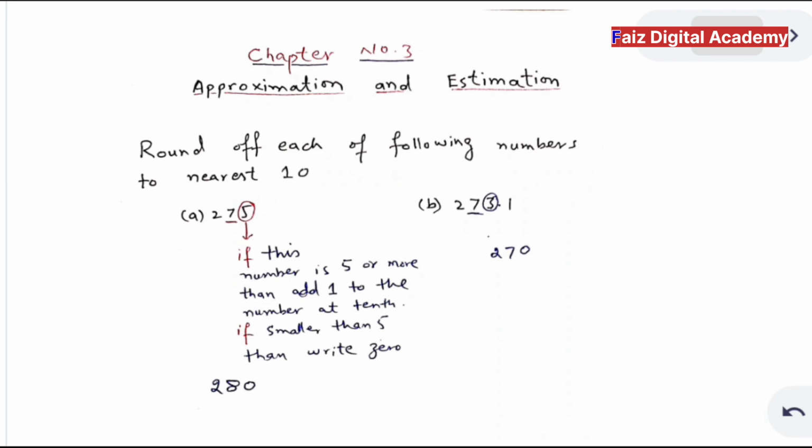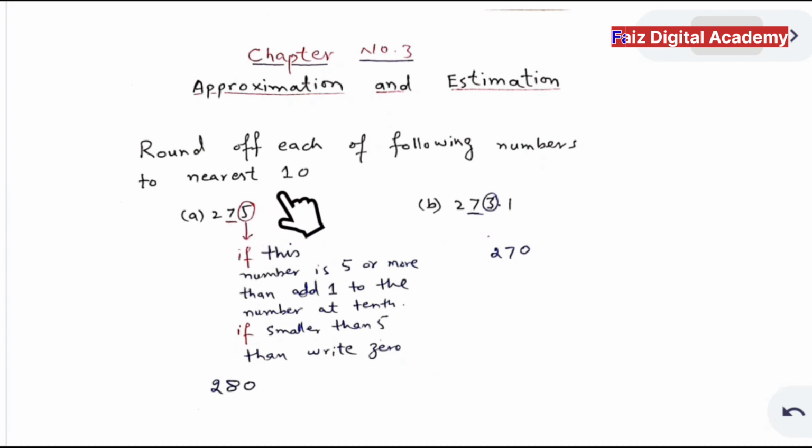The basic concept in rounding off a number is that we have to round it off to a particular level. For example, the question given is to round off each of the following numbers to the nearest 10. The first number is 275.